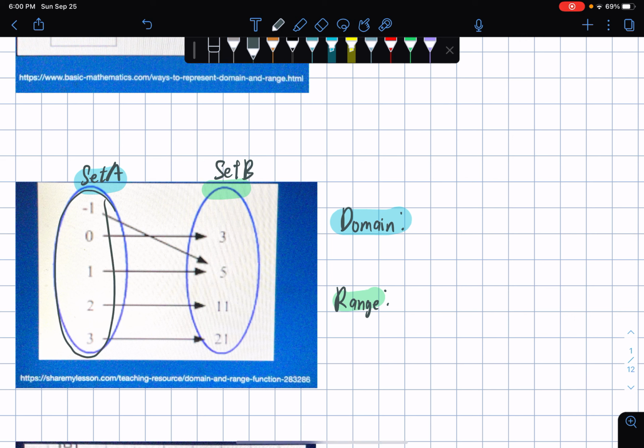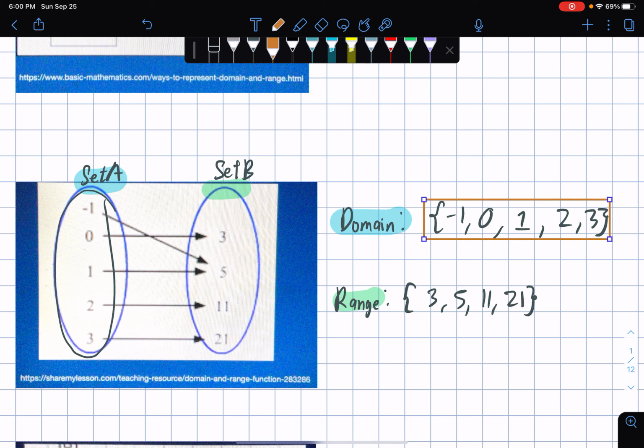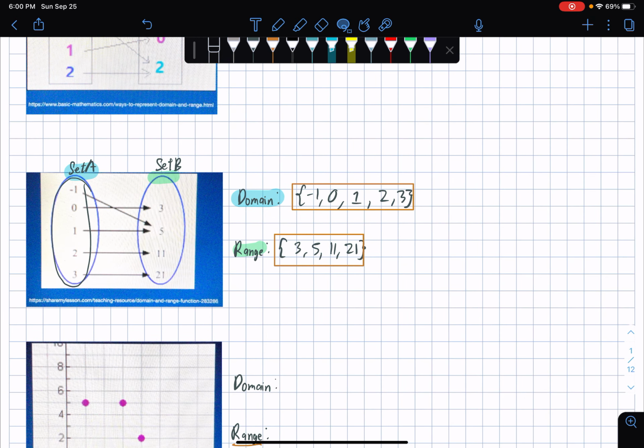So let's enlist all the elements that fall under domain, aka set A: -1, 0, 1, 2, and 3. For range, we have 3, 5, 11, and 21. Those are the final answers.